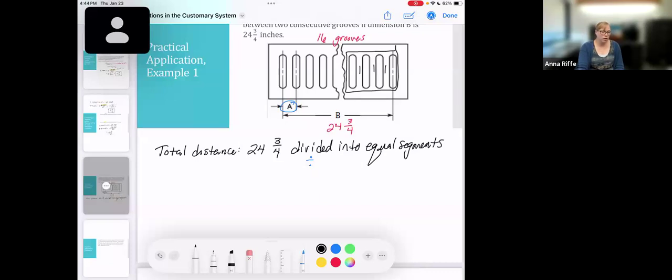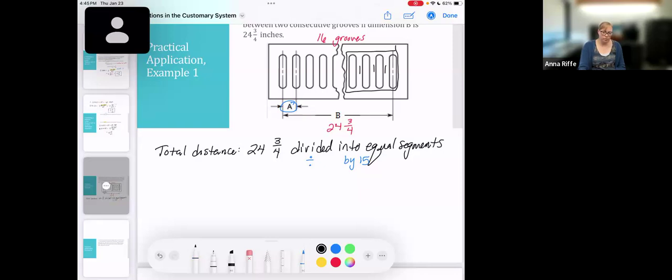So if I want to divide this into pieces and there are 16 grooves, it looks like there are only 15 spaces between those, and I'm cutting on the groove. So I really want to divide by 15, or one less than 16.